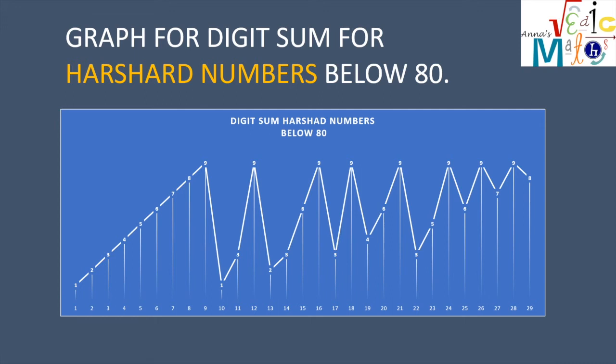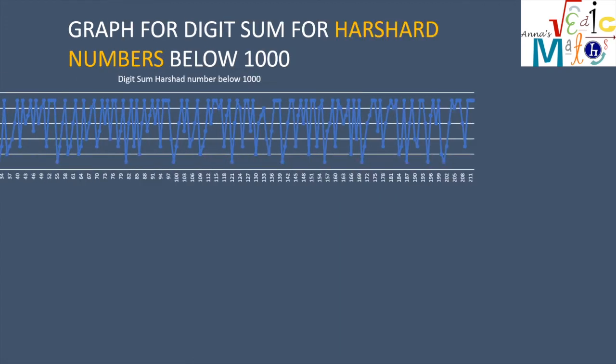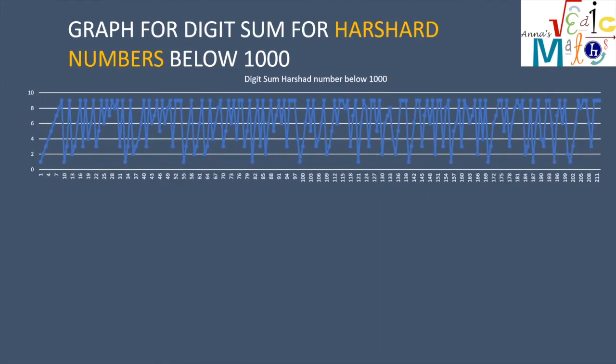So we saw from 1 to 9 is a line, and then they become smaller until 9 to 8. If we like to represent the digit sum for the Harshad numbers below 1000, we obtain this graph, in which we can see the similarity that it repeats even if not identically.